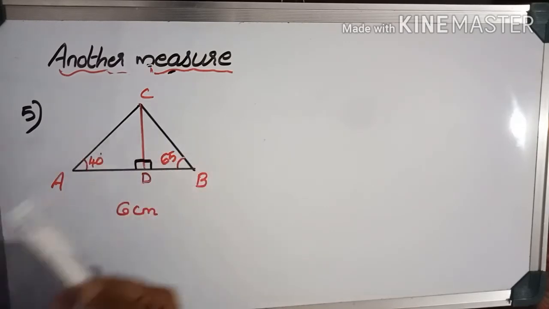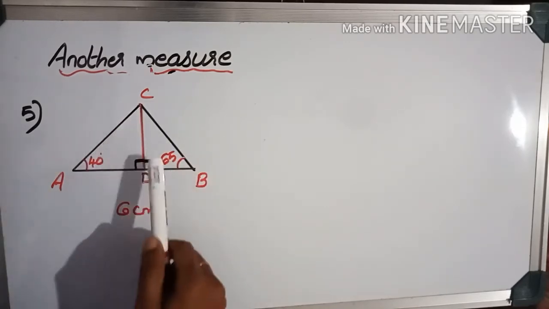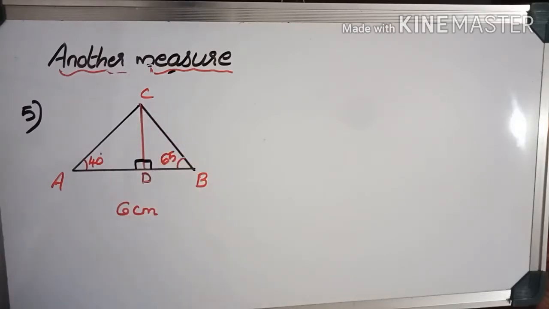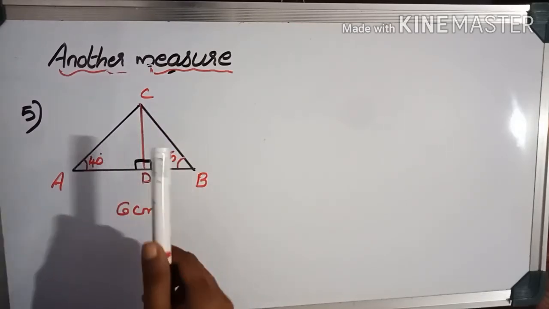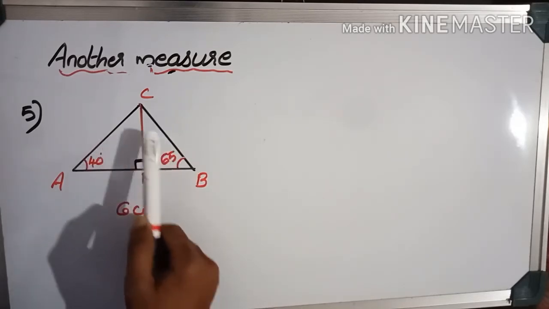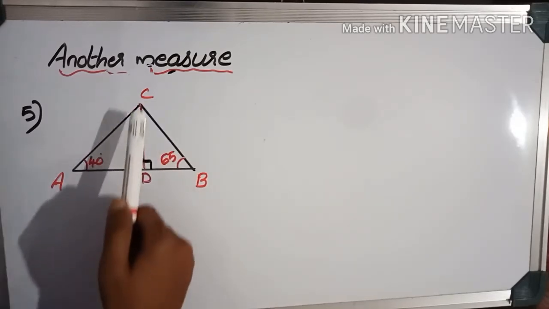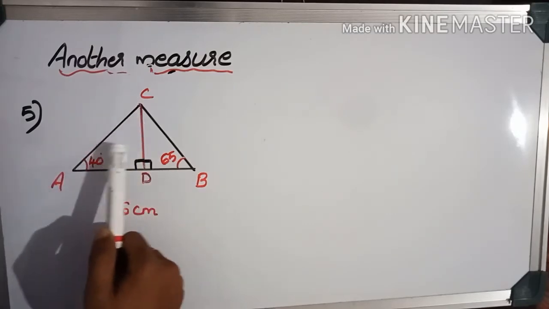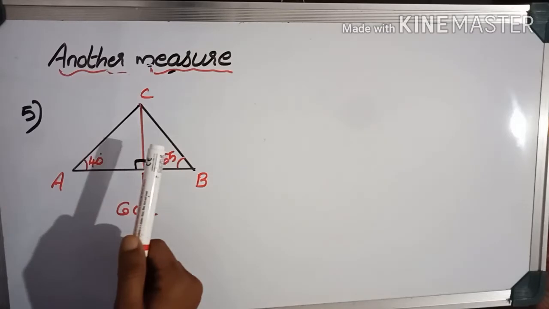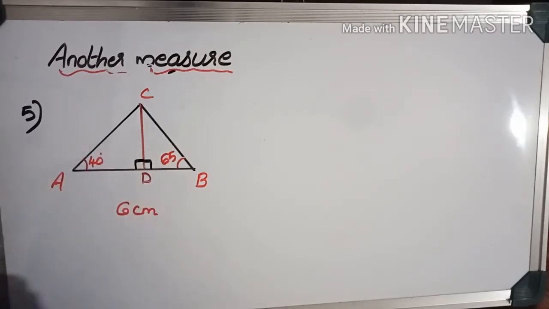Same for the second triangle DBC. Opposite side CD we don't know, DB we don't know, CB also. In this case, you can see one similarity: for these two triangles, one side is common. This CD portion is common for these two triangles. So we have to consider a pair of equations, solving by considering two equations.